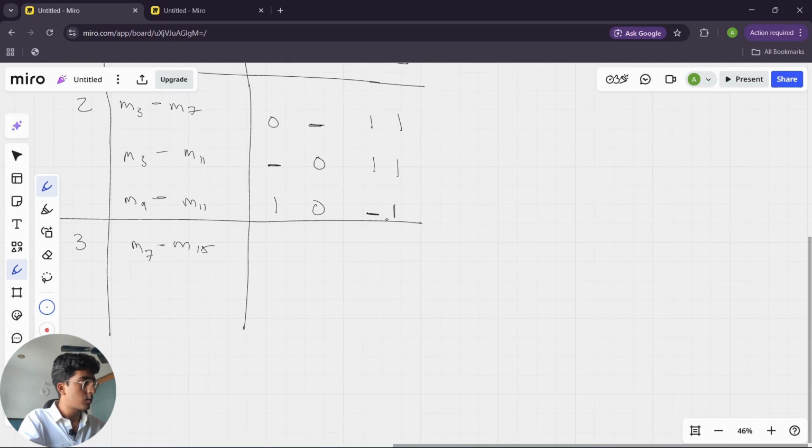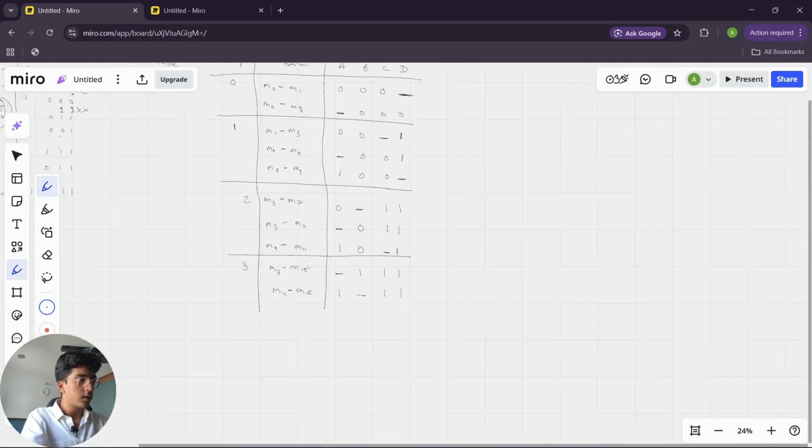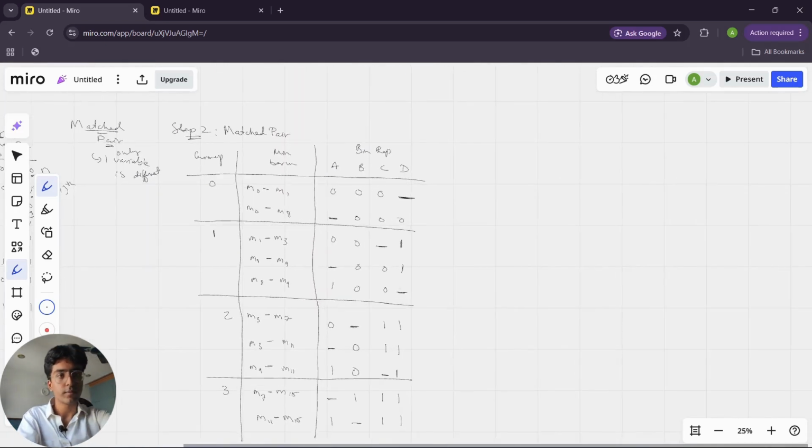So dash 1 1 1. Same with M11 and M15. What term is changing? The second variable is changing. So 1 dash 1 1. So yeah, that's the step 2. Let's move on to the step 3 next.